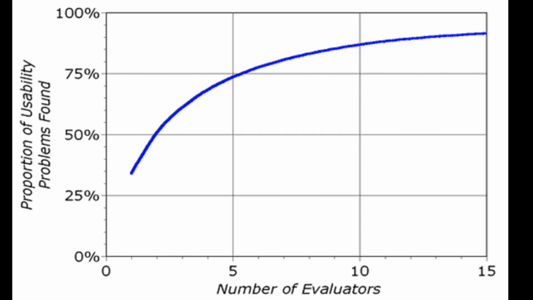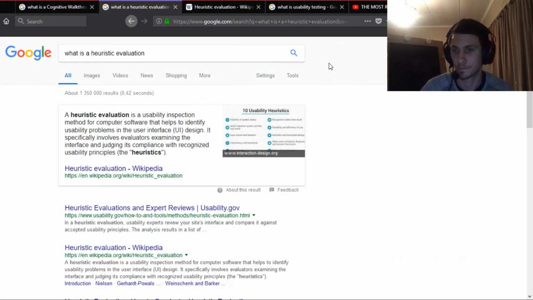So by around 5 evaluators, there won't be a need to have more, because the problems you'll find will most likely be minor ones or problems that have already been found by the 5 evaluators. And after 10, I'd say it's useless. If you're going to have more than 10 evaluators, you're going to waste your money. Seriously, you're going to waste your money.